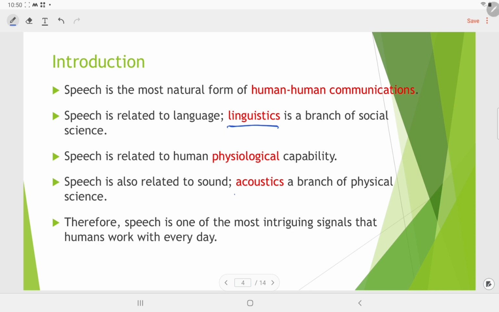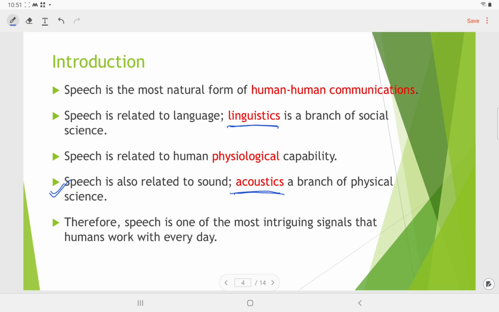Acoustics is the branch of physics that deals with the study of mechanical waves in gases, liquids and solids, including topics such as vibration, sound, ultrasound and infrasound. As we are dealing with speech, when you speak, it generates a waveform in the air.